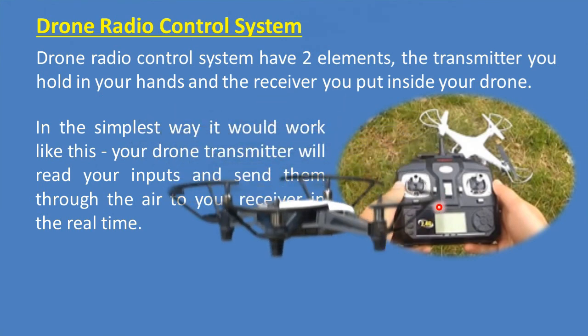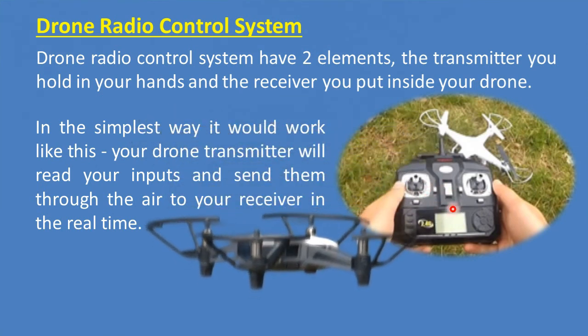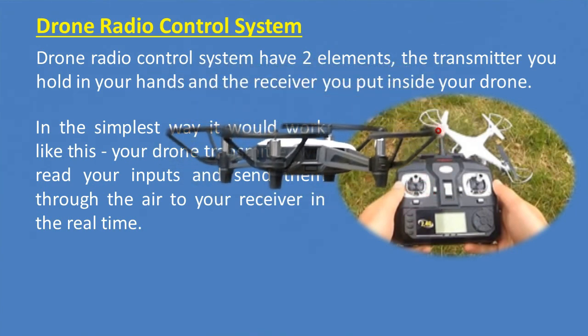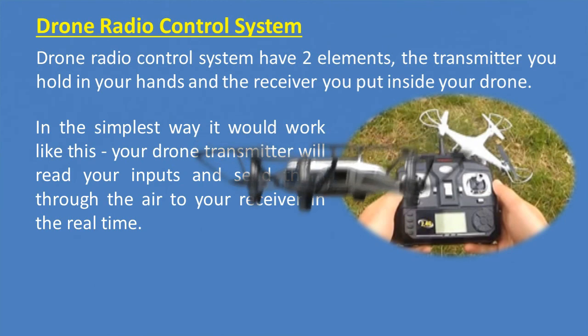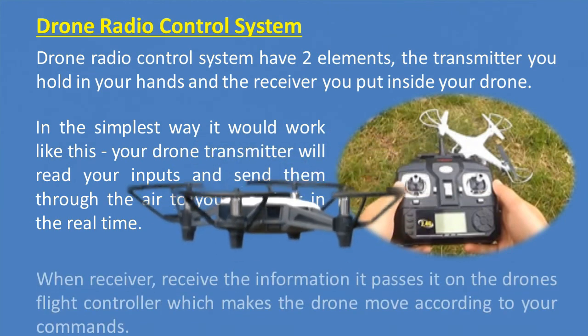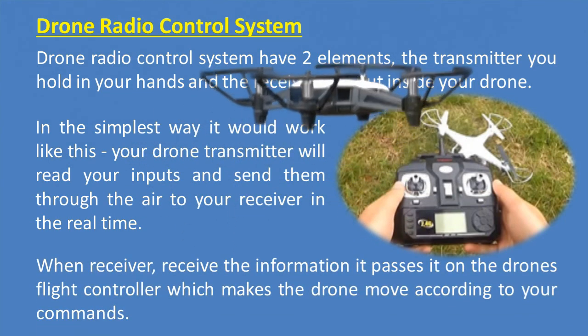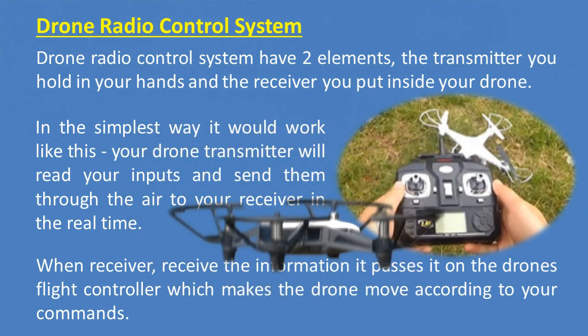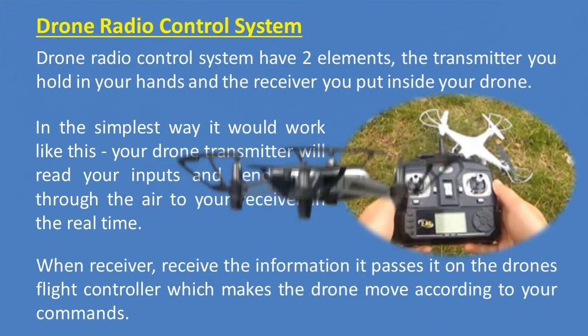From this remote transmitter, the inputs are collected and sent through the air to the drone receiver. When the receiver receives the information, it passes it on to the drone's flight controller, which makes the drone move according to your commands.